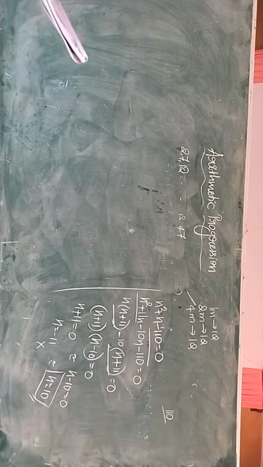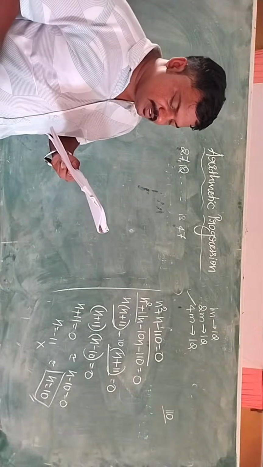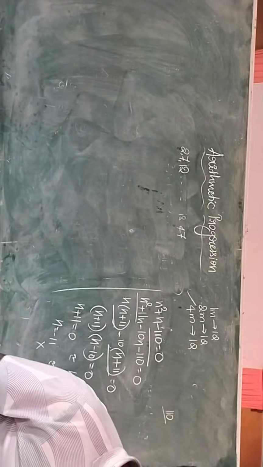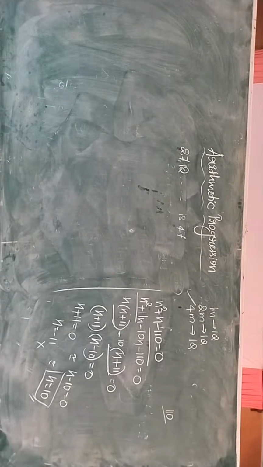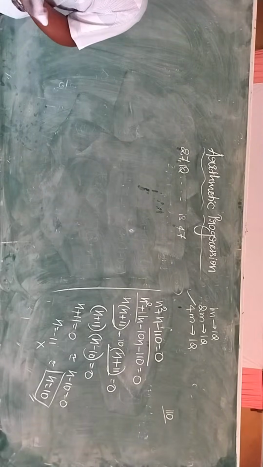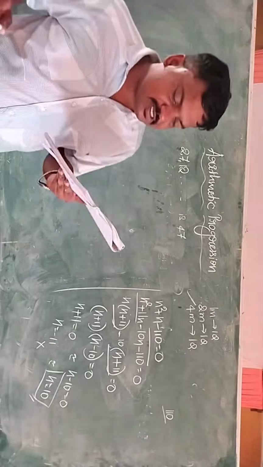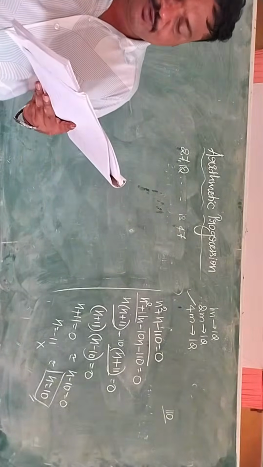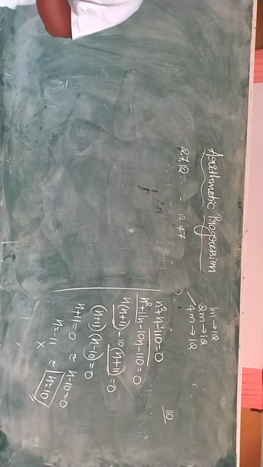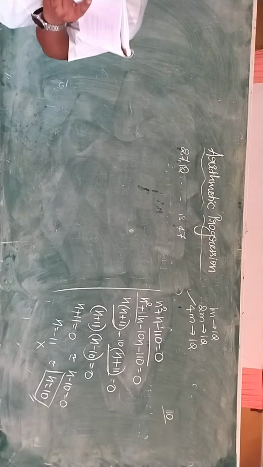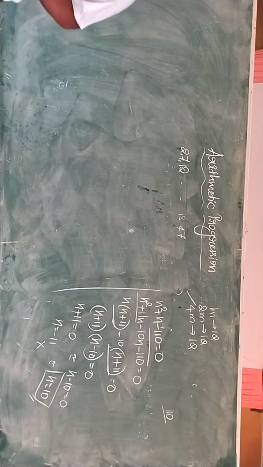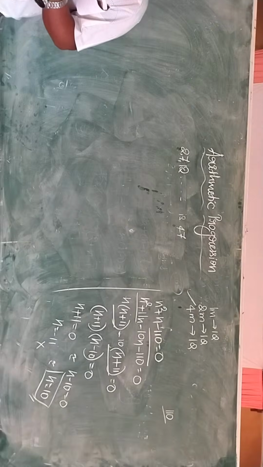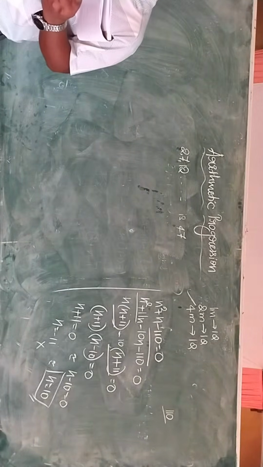Next, you can take this. The sum of first six terms in an arithmetic progression is 114.